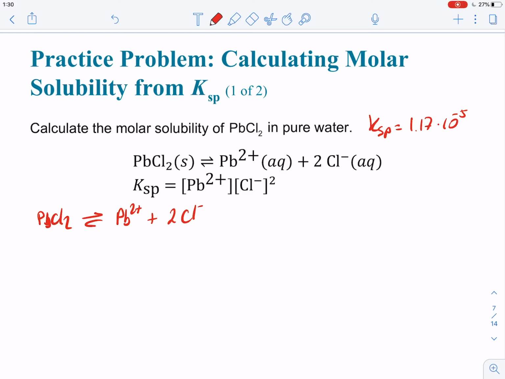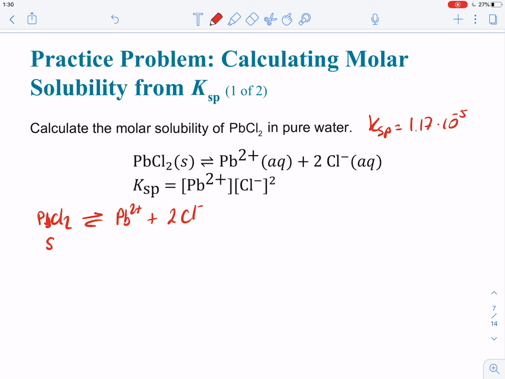Now, the way we solve this is that we refer to the solubility of the substance as just how much of that substance you're dissolving. Okay? And because all of that solid that is dissolved will be present as the ions, then you apply the same stoichiometry, according to the reaction, to the solubility, the molarity of those ions in solution.